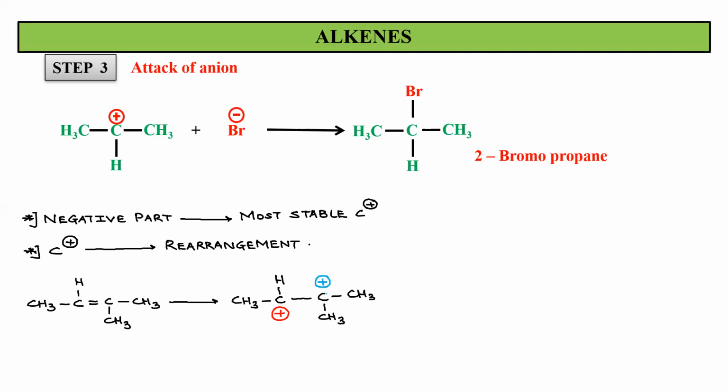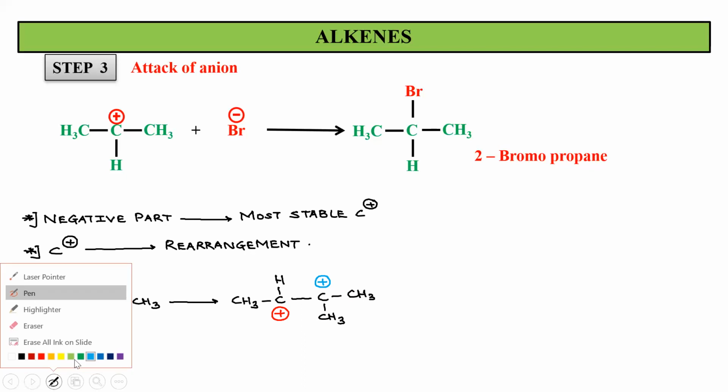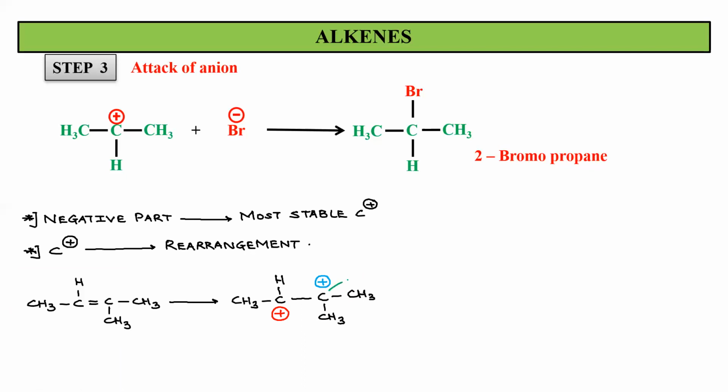Now check. The blue carbocation you have written, is this carbon connected directly to 3 other carbon atoms? Yes. Therefore, this blue carbocation is a tertiary carbocation, whereas the red carbocation is connected to only 2 carbons directly, and therefore it becomes a secondary carbocation.